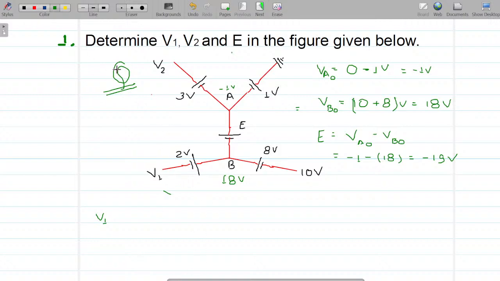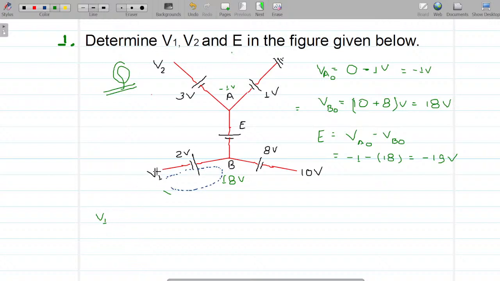Let me change the ink color so that you can understand better. See, if I make an imaginary loop and I'm just taking point B and nothing else, this V1 would be with respect to some ground. So there must be some V1, right?